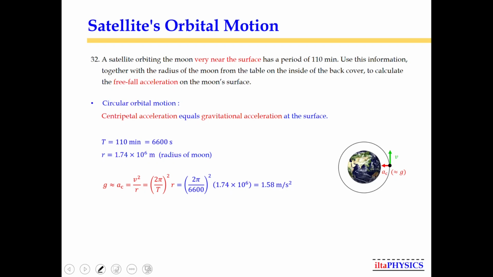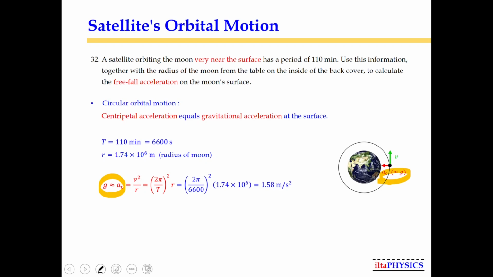Since the period is 110 minutes, it becomes 6,600 seconds when calculated in seconds. The radius of the moon has a value of 1.74 times 10 to the power of 6 meters. The gravitational acceleration is equal to the centripetal acceleration of the satellite.